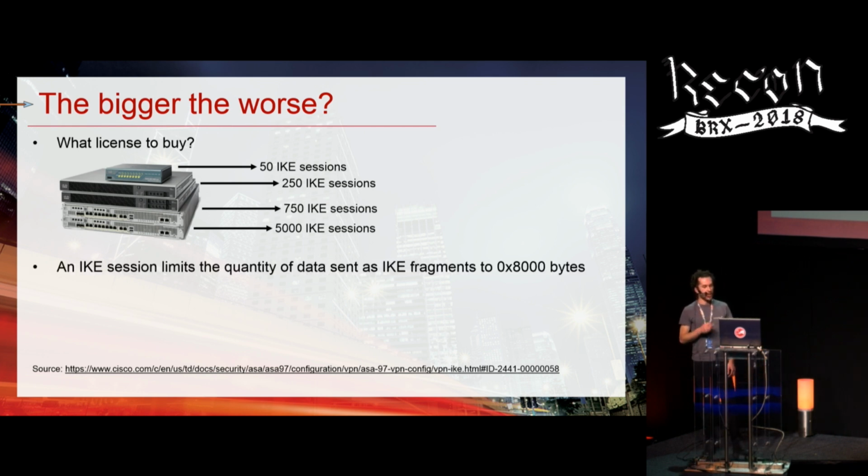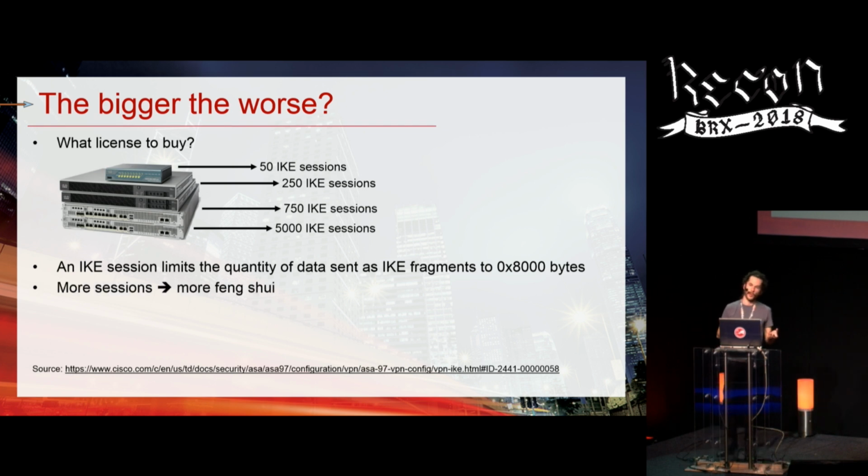And the interesting thing is, in IKE, you have this concept of fragmentation, where you send different fragments in the same session. If you reverse engineer the binary, you will figure out that the total amount of data that you can send into a given session, across all the fragments, is limited to 8,000 bytes.